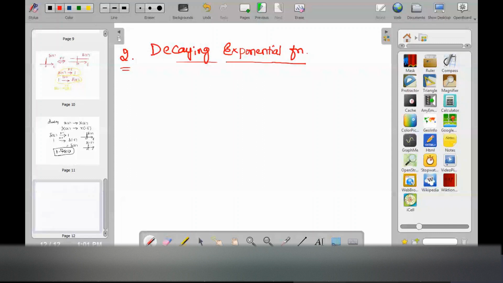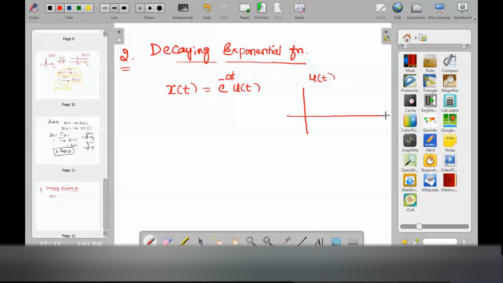How do you write this? x of t equals e to the power of minus at into u of t. I think everyone knows u of t. What is u of t? u of t is the unit step. Only for positive values of t does this function have value, and its value is +1.